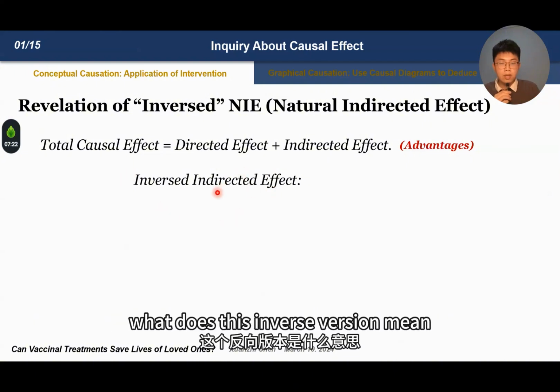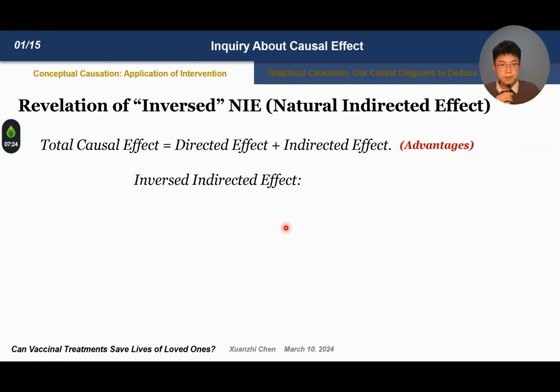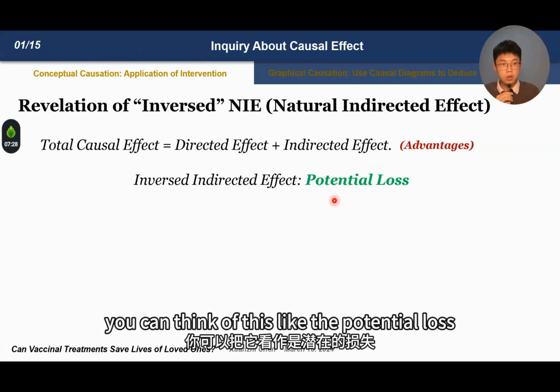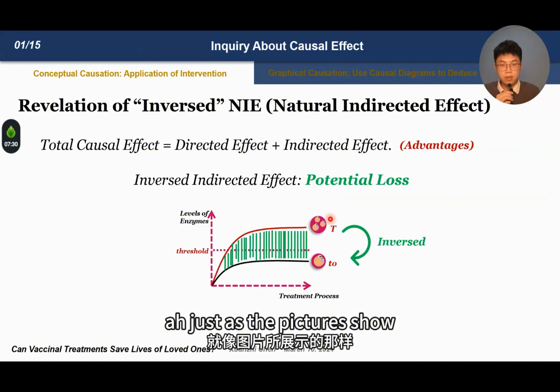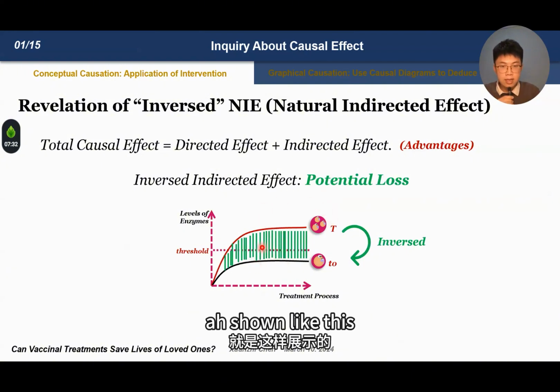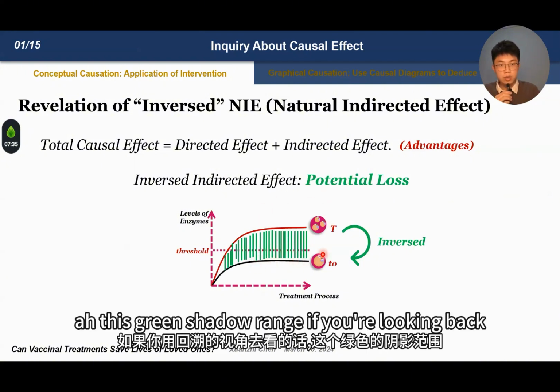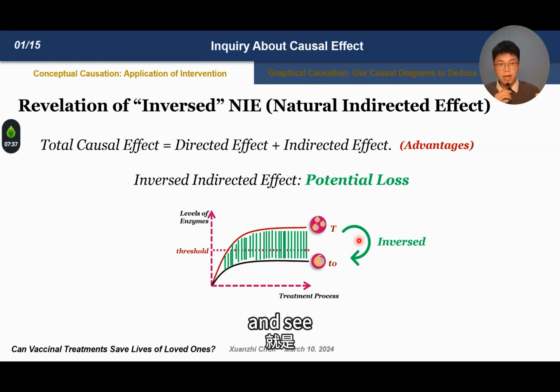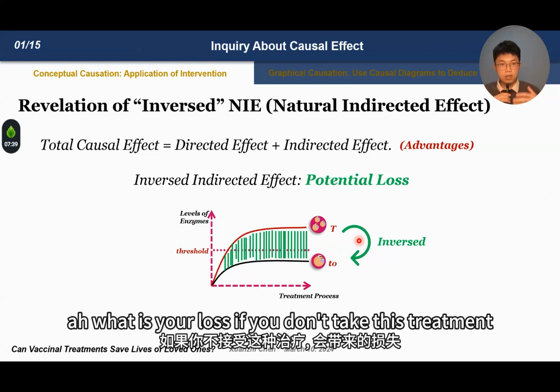So what does this inverse version mean? Here, I would like to say you can think of this like the potential loss, just as the picture shown, like this green shadow range. If you're looking back and see what is your loss if you don't take this treatment.